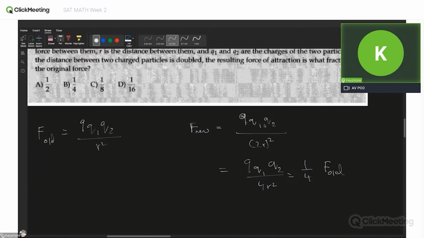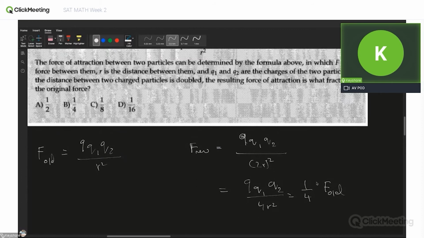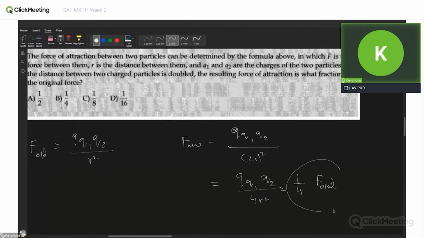Now, again, go back to read the question, because sometimes they might word this weirdly where they're asking for what is the old force in terms of the new force. But here they're asking the resulting force of attraction, which is our F new, is what fraction of the original force. So it's 1/4 of the old force.